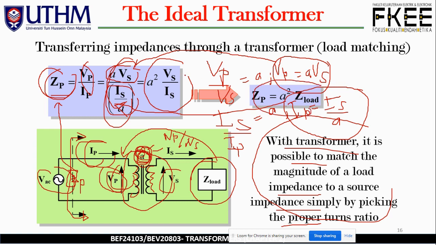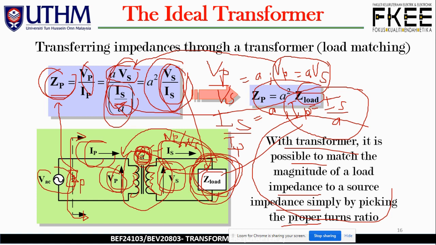Since Vs over Is is Z load, by Ohm's law, Vs over Is is actually Z load here.